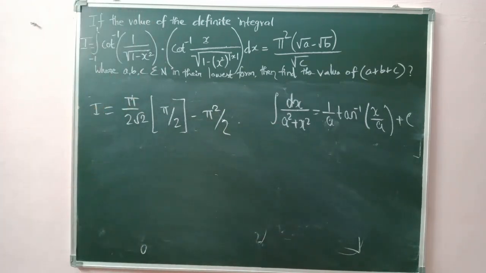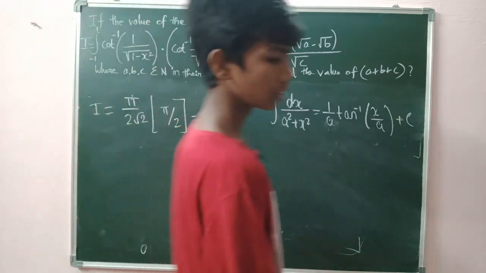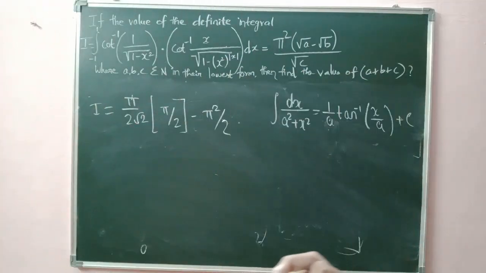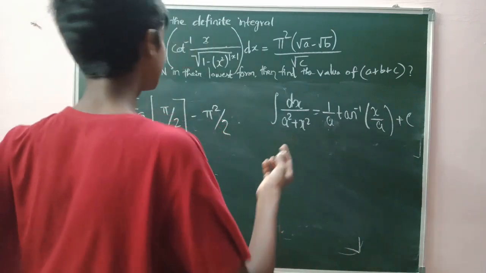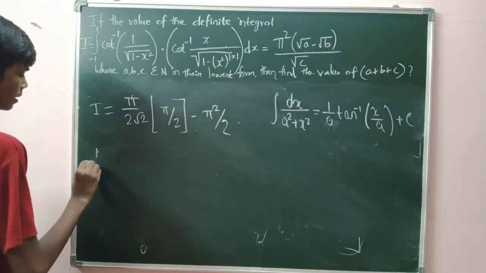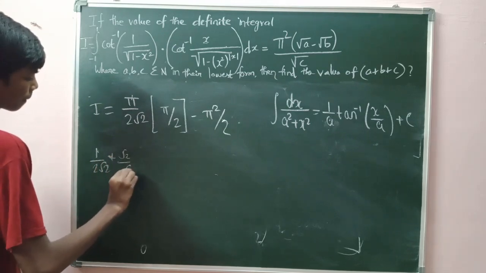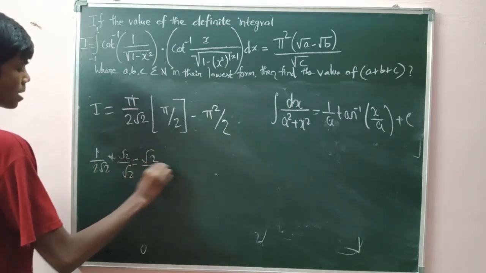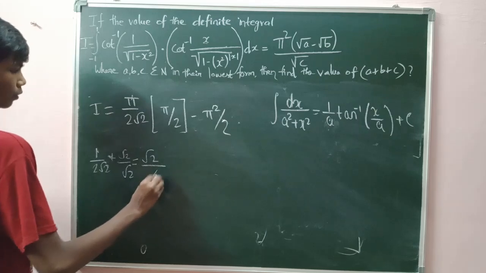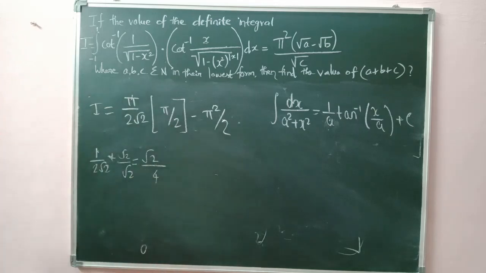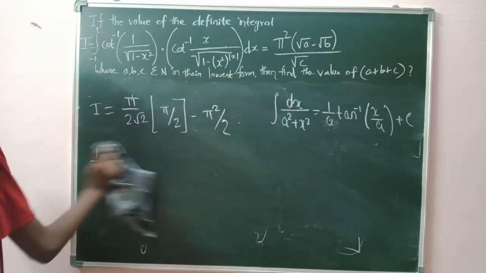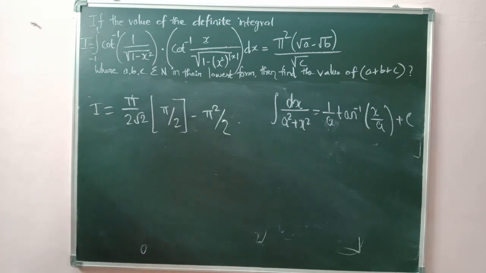So 2 root 2. What we can do over here? Actually what you can do over here is, I had 2 pi, right? 2 pi is 2 root 2. 2 root 2 I can write as 1 by 2 root 2 into root 2 by root 2, root 2 by 2 into 4, root 2 by 4. Okay.